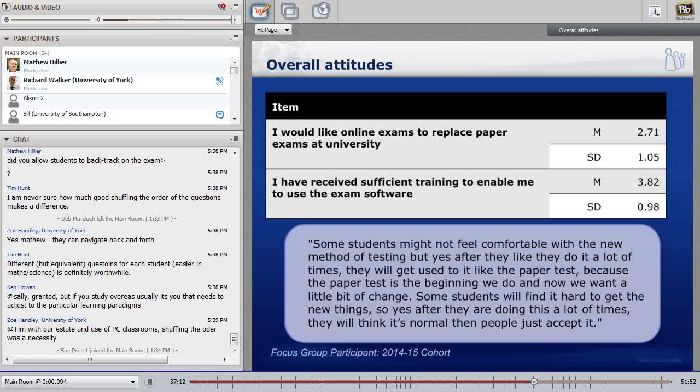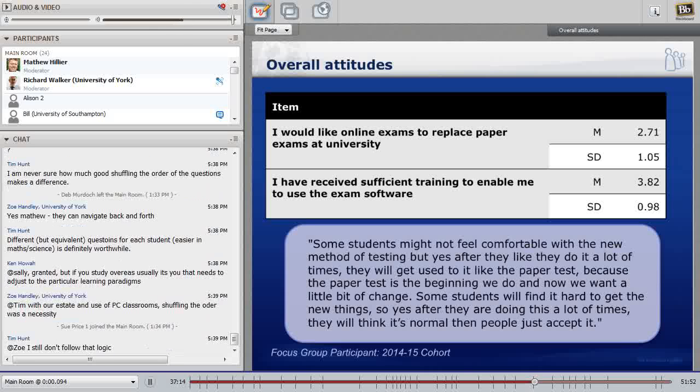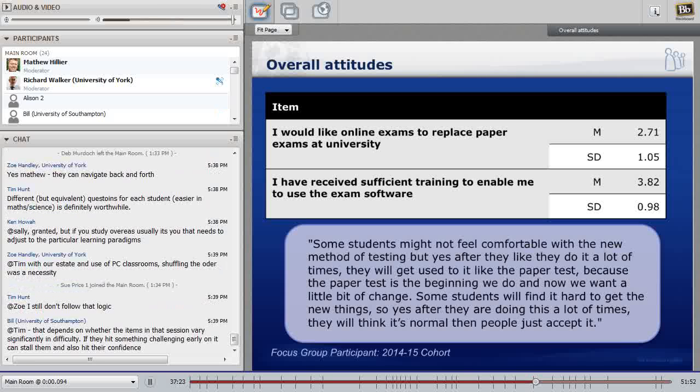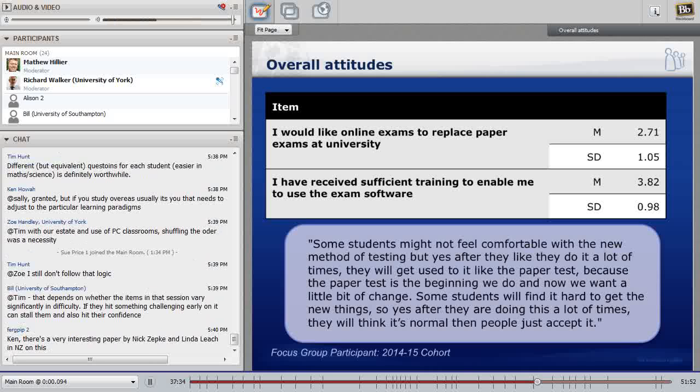First of all, we produced an online screencast of the software to take students step by step through what would happen in an examination, how they'd log in, and also allow them to see the different question types. Further to that, within the VLE, we had a dedicated part where they could do a few practice questions in their own time.